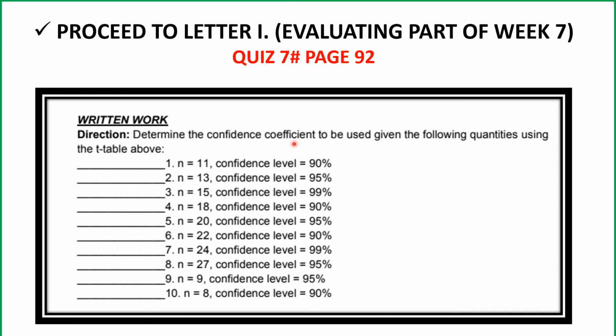To be used, given the following quantities, using the t-table, of course. I-ready nyo yung t-table nyo, then, follow nyo lang yung steps na binigay ko para ma-determine yung t-score natin. So, 1 to 10 yan. For sure, ma-perfect nyo na. So, good luck.